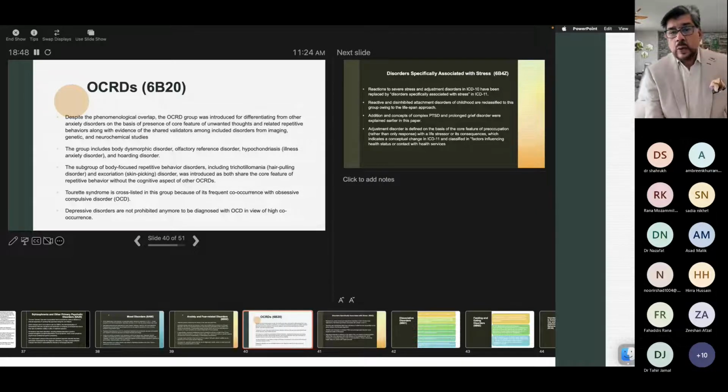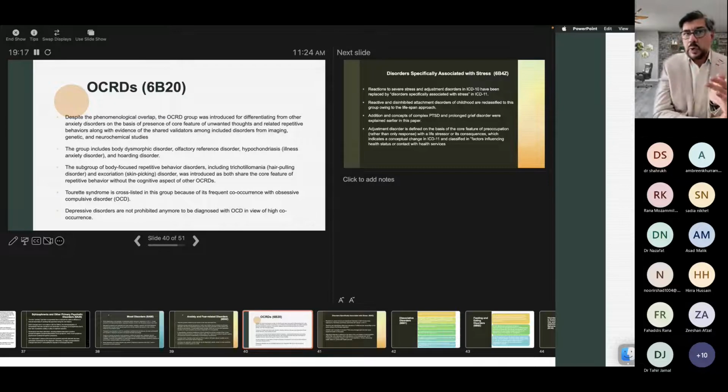Now, after seeing the genetic basis, the neurochemical changes, and imaging techniques, it was seen that actually hypochondriasis originates from the same area of the brain from where the other obsessive compulsive disorders are originating. So they are grouped here. The reason why they are grouped together is because of the similarities in their neurochemical abnormalities.